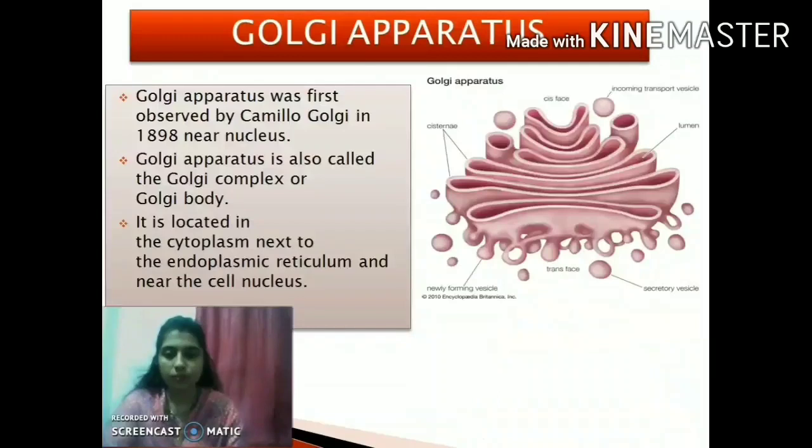So here's a diagram which represents the Golgi apparatus, and you can see it looks like this, and we will study all the important parts present in the Golgi body in detail in our next slides. Clear?